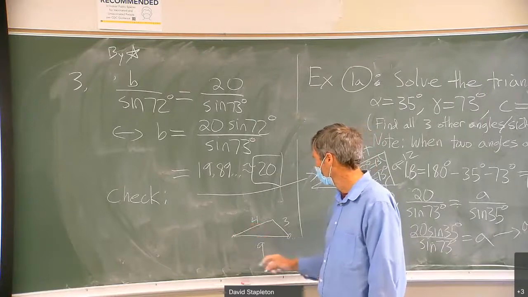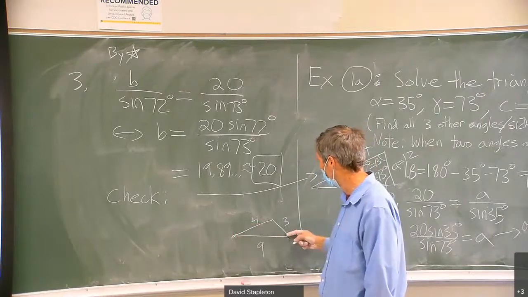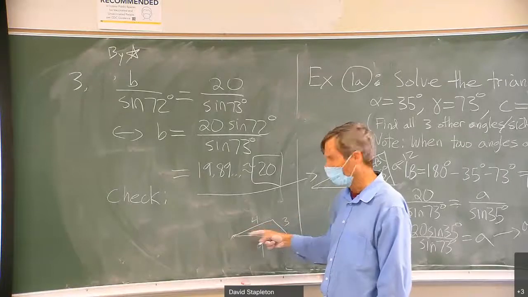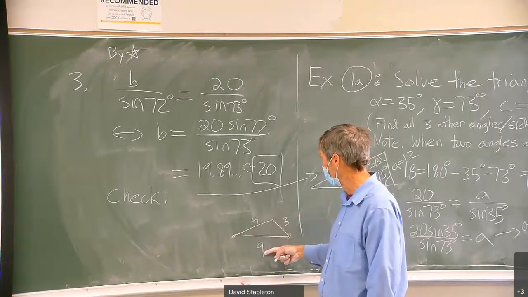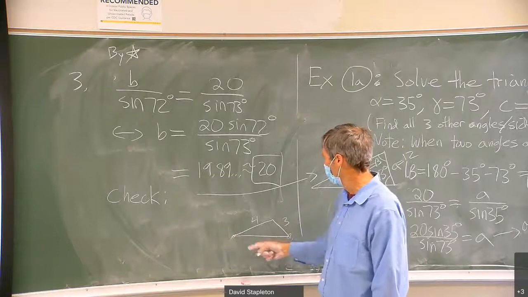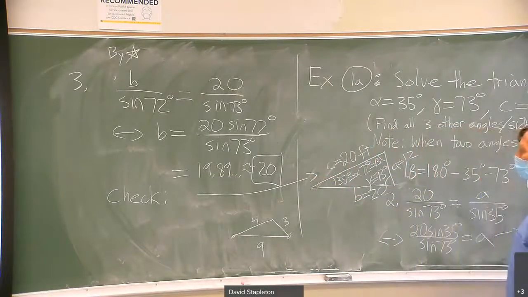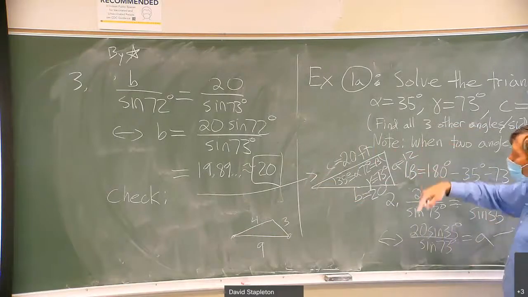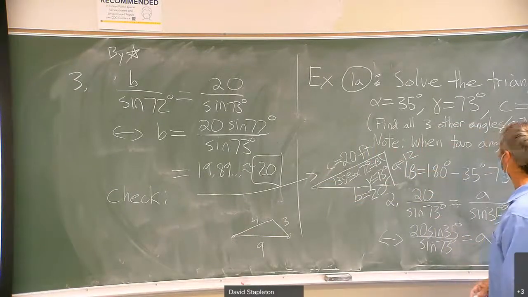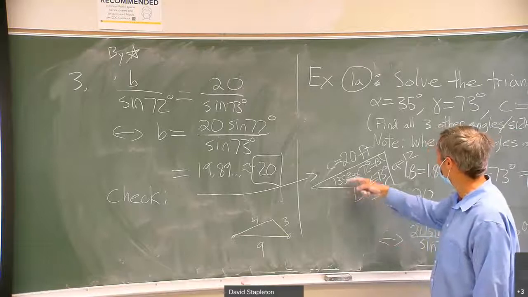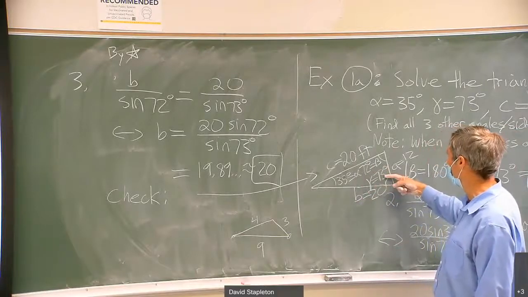The shortest distance between 2 points is a straight line. How can it be 9 here? But if I go around, it's only 7, right? So any two sides of the triangle have to add up to more than the remaining side. So you check all these. 12 plus the next shortest side, 20, is bigger than the remaining side, so that's okay, right? You check that the three angles, 35 and 72 and 73, add up to 180, and they do.